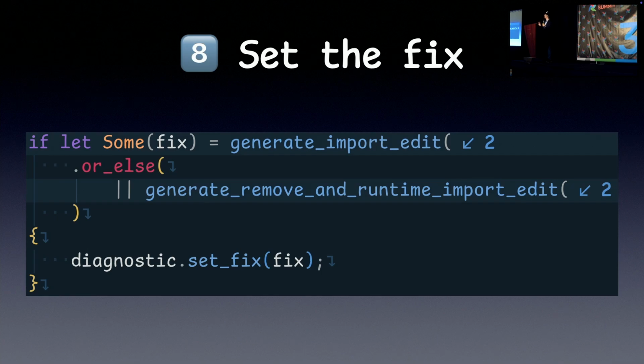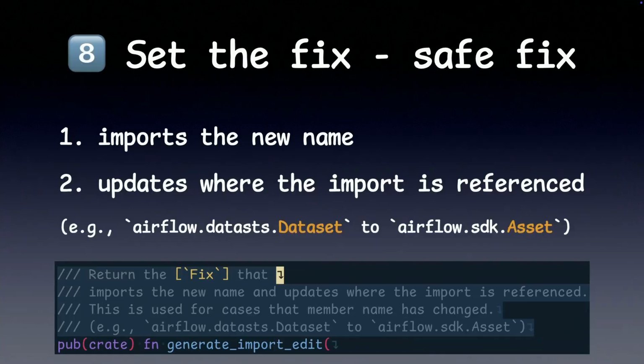There are two kinds of fixes we've already implemented in Ruff. The first one is the safe fix. It's not applied to this case, but it's an easy one.